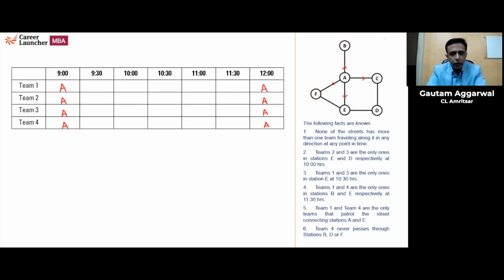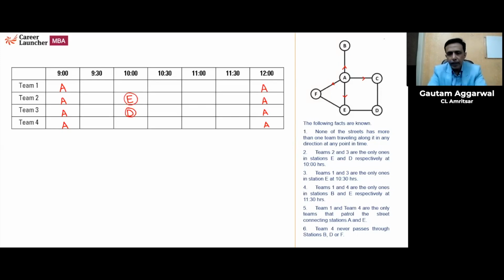Fine. And then there were certain critical pieces of information given. Team 2 and Team 3 are the only ones at E and D respectively at 10 o'clock. So Team 2 was at E and Team 3 was at D, and they were the only ones. That means none of the other teams could be at these stations at this point.